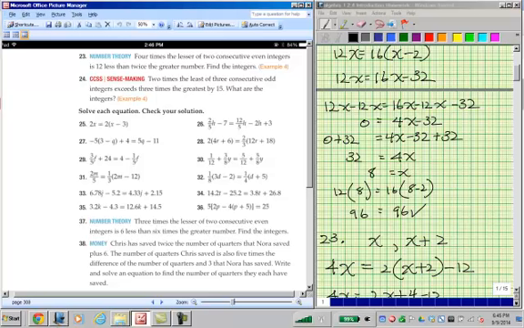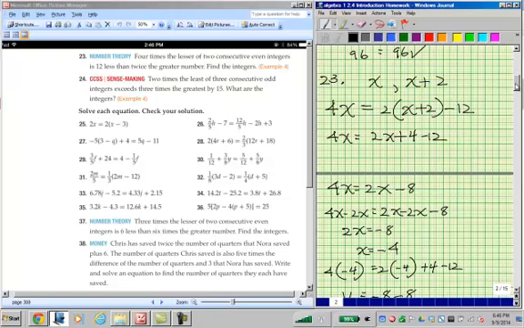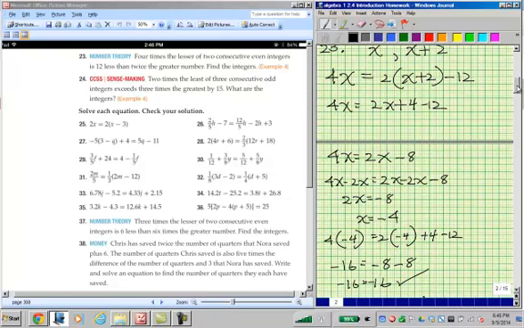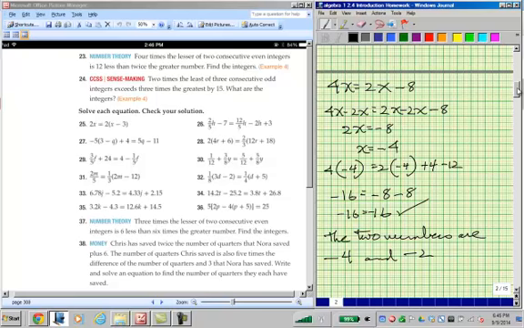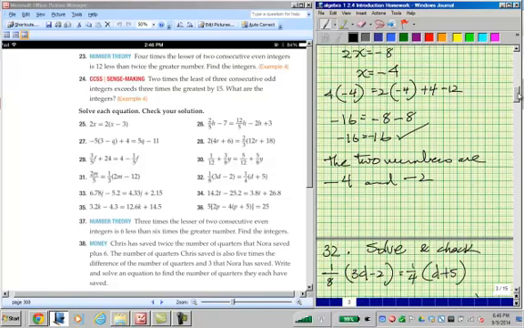So that's going to be 4x equals 2 times x plus 2, twice the greater number, minus 12. I eliminate parentheses and combine like terms and do all that good stuff. I get x equals negative 4, and I plug it in and check it, and it's good. So x is the smaller number, so the two numbers are negative 4 and negative 2.